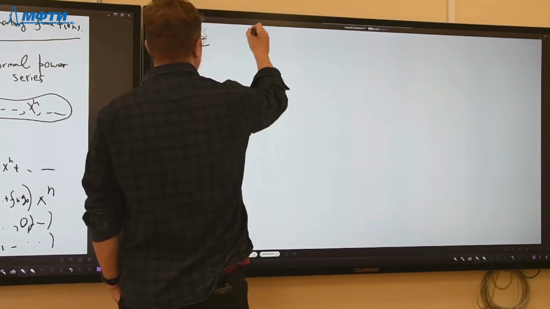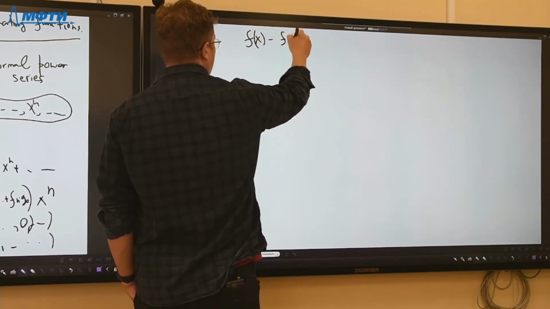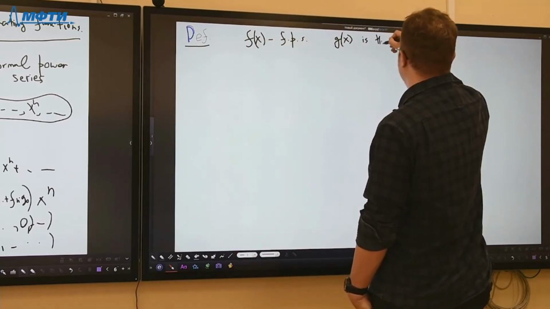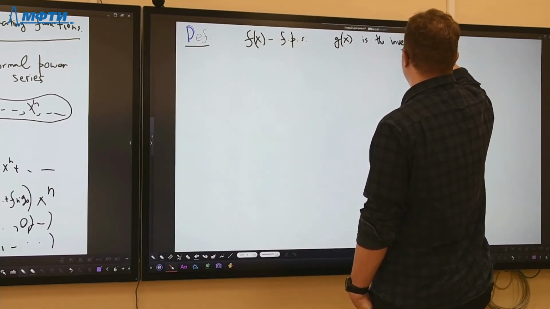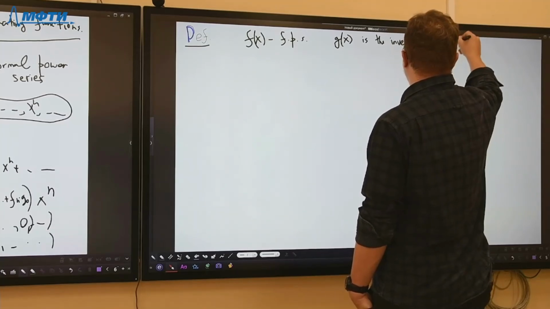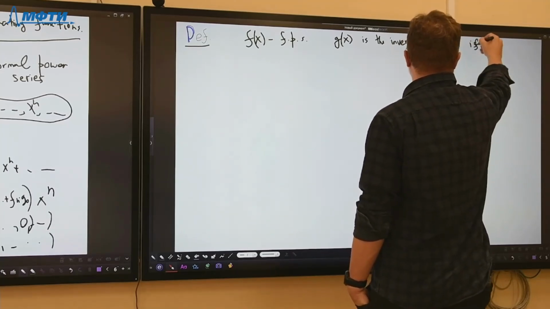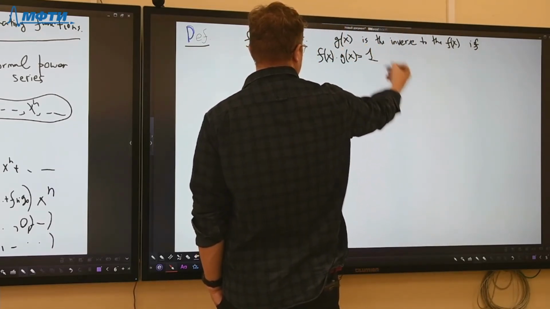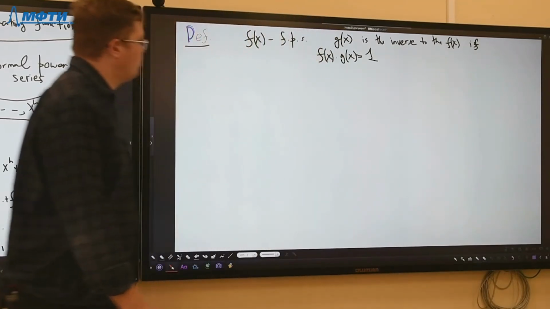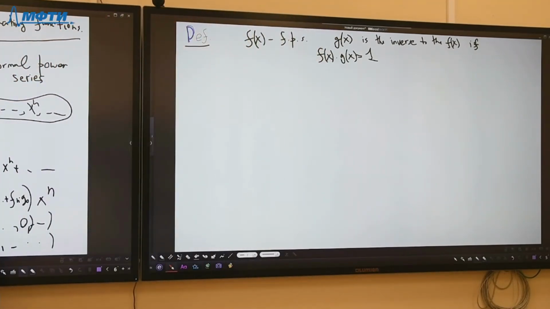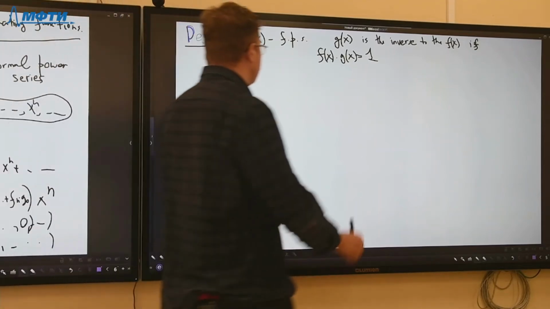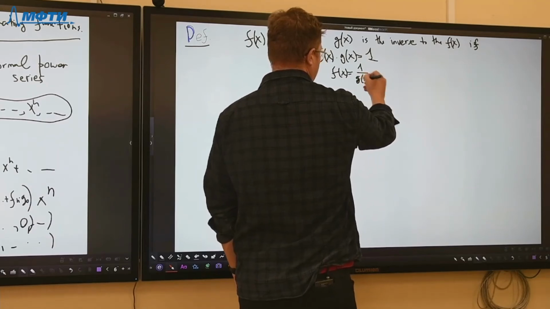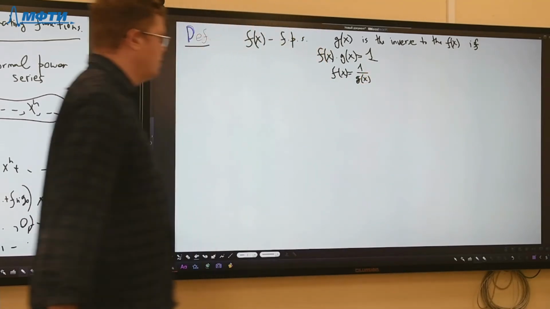If f(x) is a formal power series, then g(x) is the inverse of f(x) if the product is 1. So we can write f(x) is 1 over g(x), or g(x) is equal to 1 over f(x).